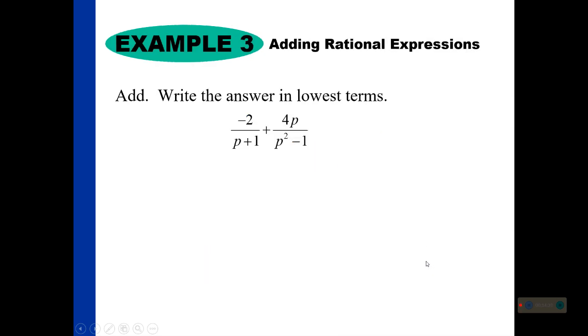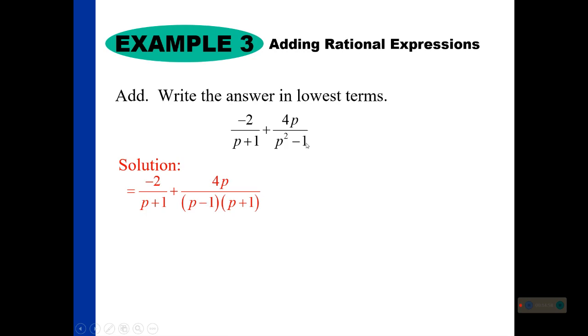For our next example, let us have negative 2 over p plus 1 plus 4p over p squared minus 1. Okay, so how are we going to solve this? So we have to factor first the factorable. So in this case, p squared minus 1 is factorable. So copy the first fraction. Then you have to write here an addition sign.